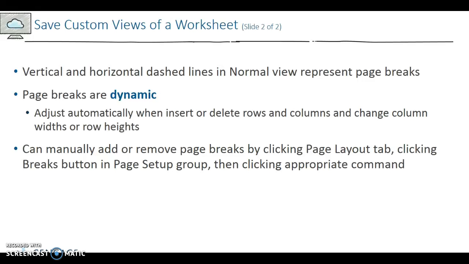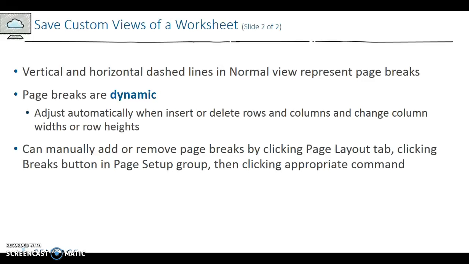When the page breaks are dynamic, they adjust automatically when you insert or delete rows in the columns. So if you have page breaks in your worksheet, you can adjust the page breaks dynamically to be able to include information that you're adding.